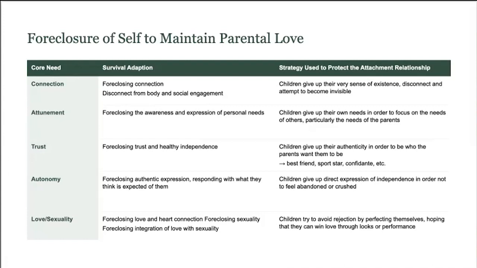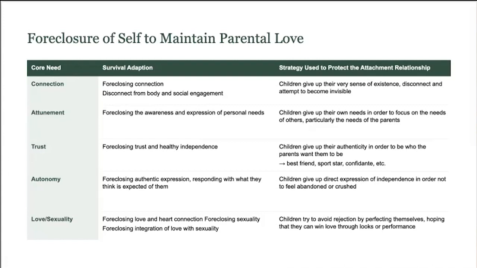With the last one, what's called the love sexuality survival style, the child needs to foreclose, push down, disconnect from their love and or their connection to the beginning of sexuality.